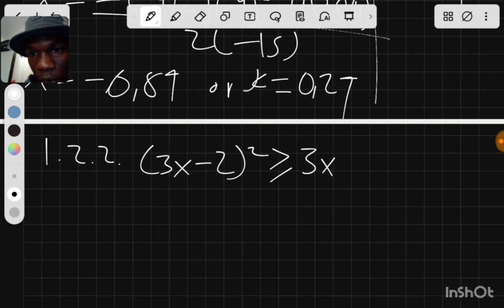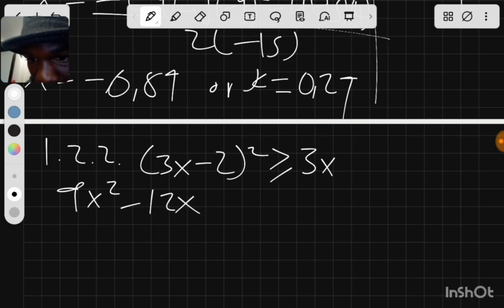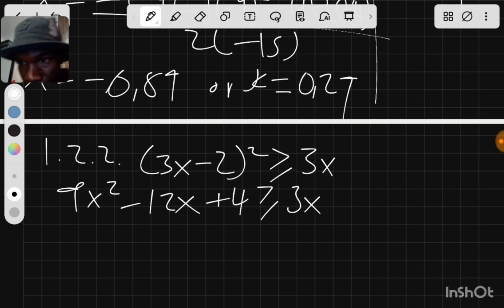What you have to do is expand this. 3x to the power 2 is 9x squared, minus 3x multiplied by 2 is negative 6, multiplied by 2 again is minus 12x, plus 4, greater or equal to 3x.